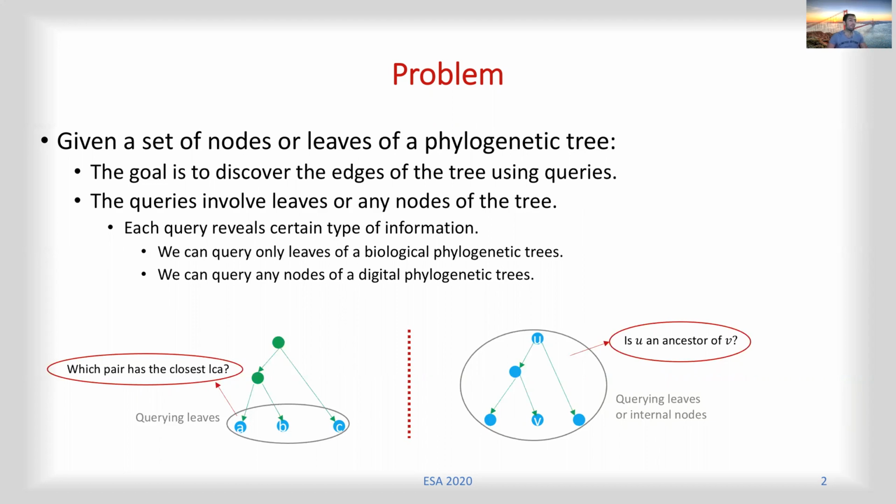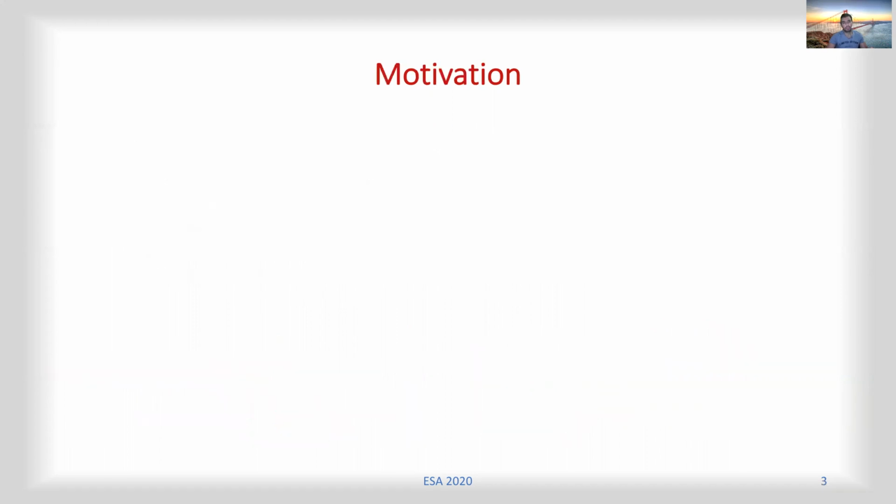So the motivation for learning the tree and understanding the evolutionary process of the objects comes from the desire to better understand the evolutionary process of the objects.